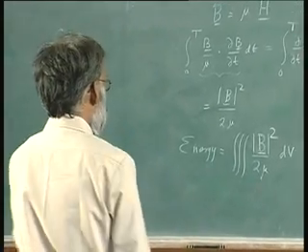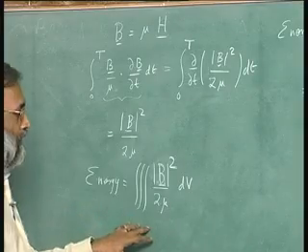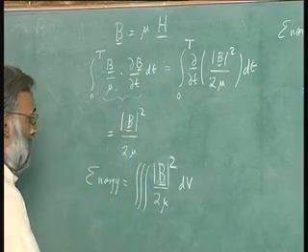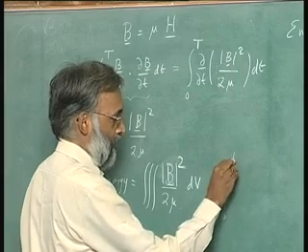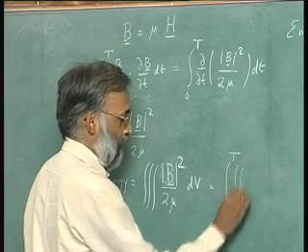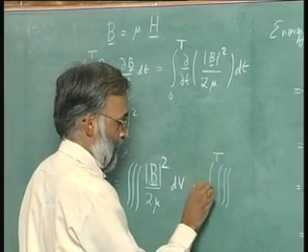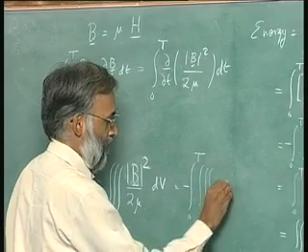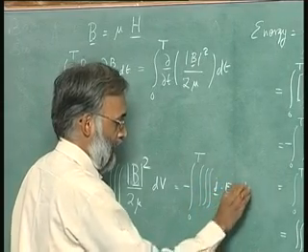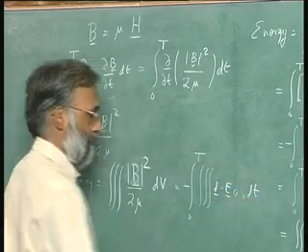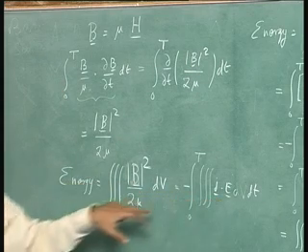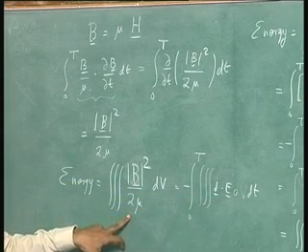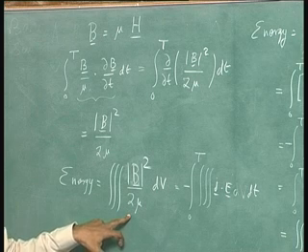So, that is where this final result comes, that the starting value, which is integral 0 to capital T volume integral minus j dot E dV dt, this is the total amount of work we have done on the system, shows up as B squared over 2 mu.